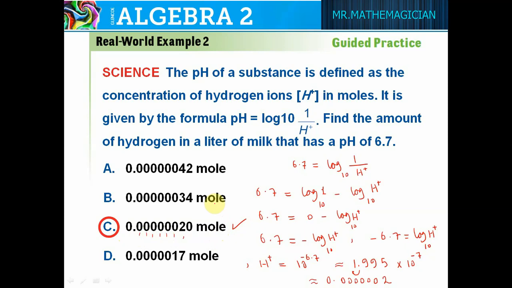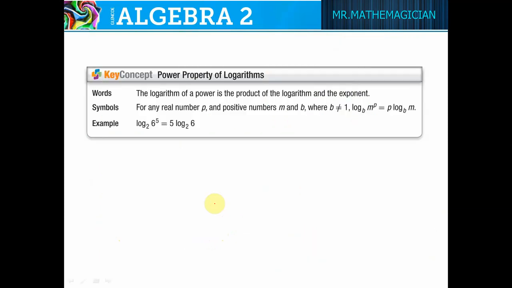Moving on. The power property. The power property means we are going to take the power in front of log using multiplication. So log m power p to the base b: take the power p in front of the log, so it will be p multiplied by log m to the base b.